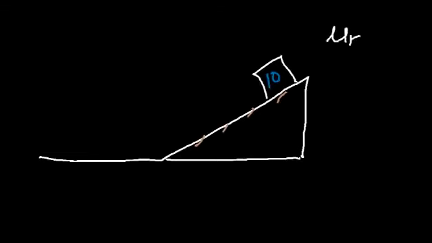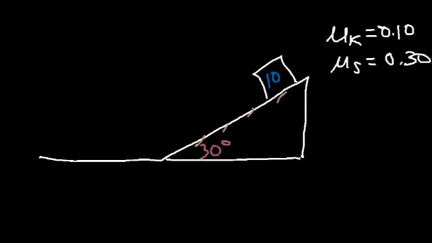Let's say mu k is 0.10 and mu s is 0.30. And let's say the angle is 30 degrees. So, will this object slide down or will it remain at rest? What's the answer?